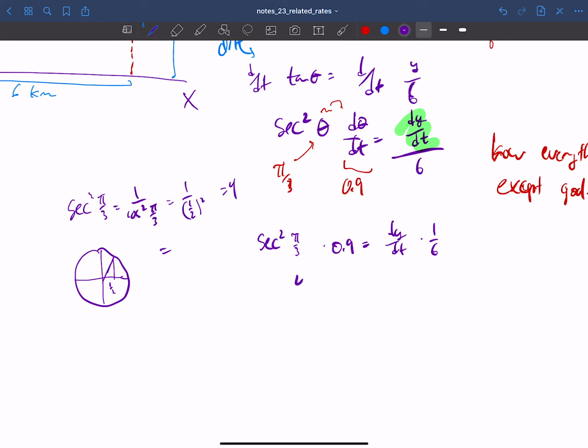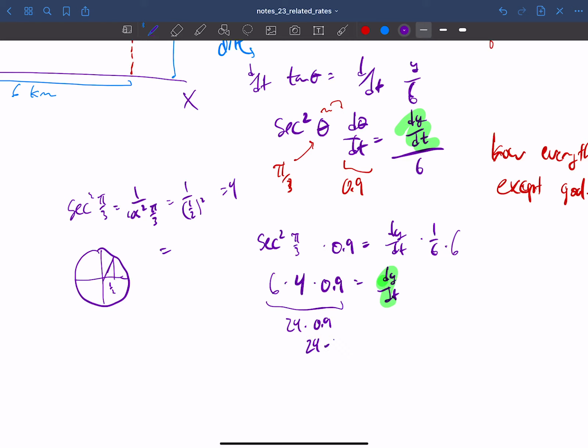So I have that 4 times 0.9. Let's multiply by 6 on both sides. Equals dy/dt. dy/dt, that's what I'm trying to find. Okay, so now I just got to run that through my calculator. That's going to be 24 times 0.9. That's 10% less than 24.